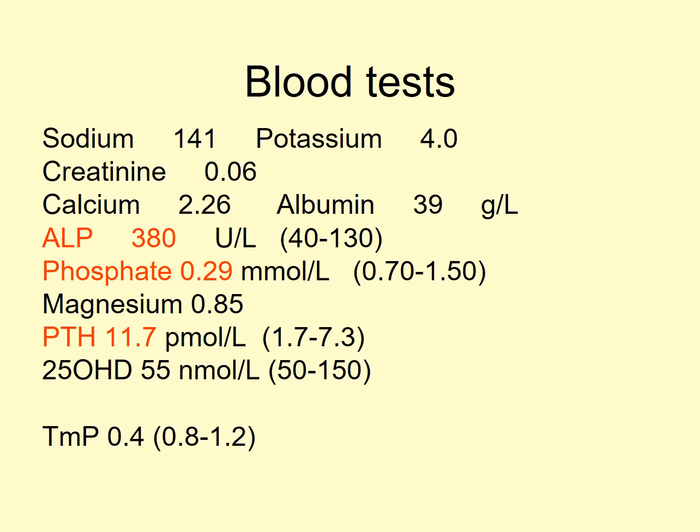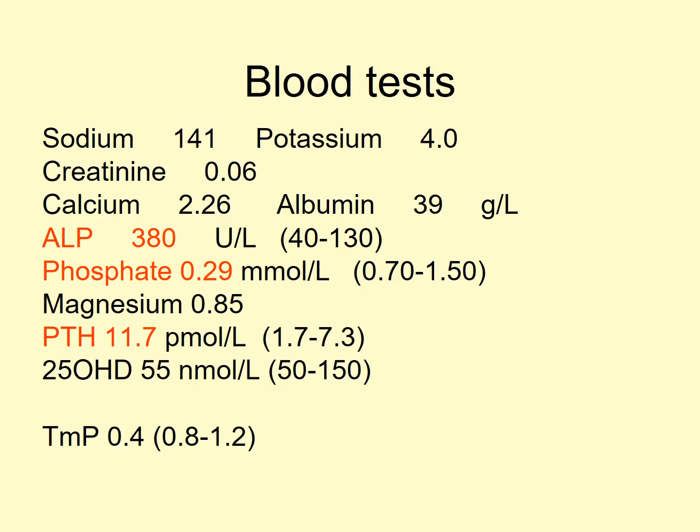She had a very low serum phosphate, 0.29 millimole per litre, with a markedly elevated level of alkaline phosphatase, and her other liver function tests, so liver enzymes, were normal, suggesting that she too, like the vitamin D deficient patient we discussed earlier, has osteomalacia.